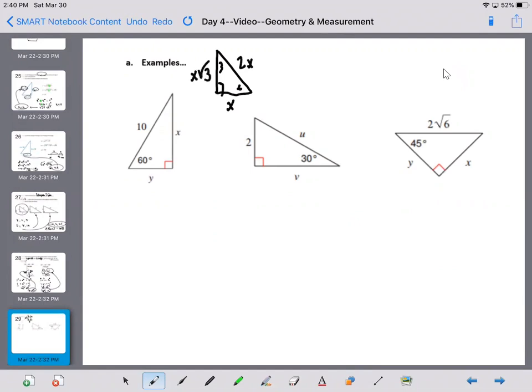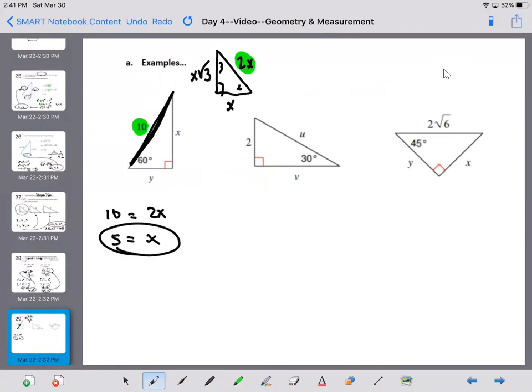So if this is 60 and this is the hypotenuse, it has that relationship of 10 is equal to 2x. So notice this 2x here and 10 in that relationship should equal each other. So if 10 equals 2x, then that means x is equal to 5.